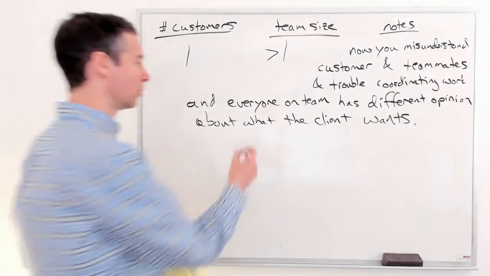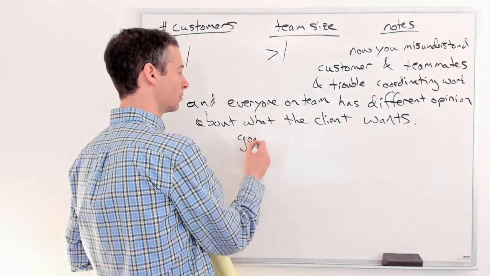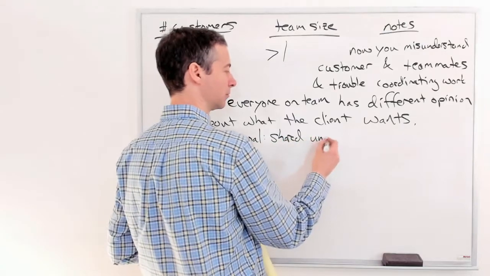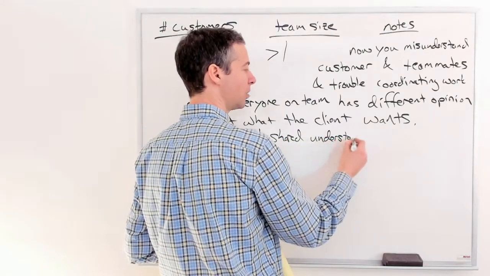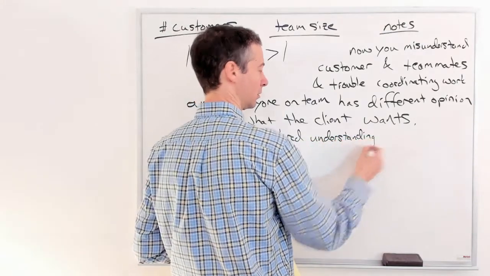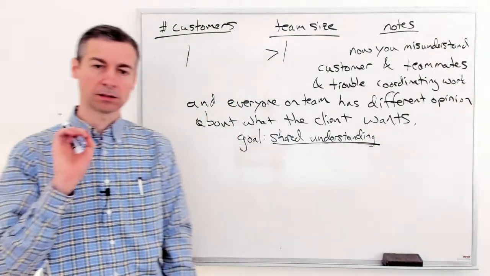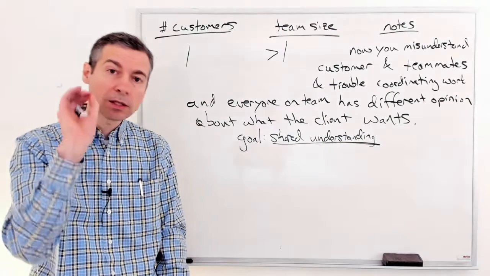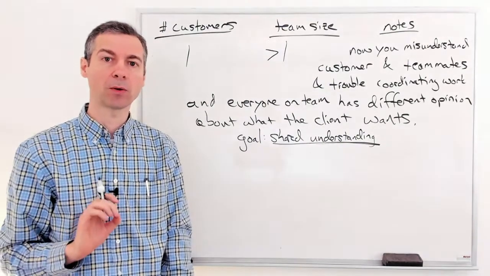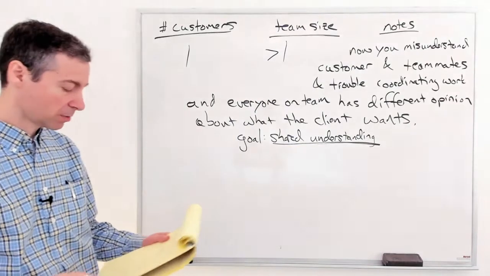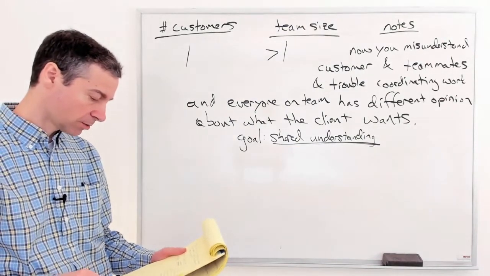We have a goal really, which is shared understanding. We need a way such that the client and the team all end up with the same understanding about what we are trying to do. So we have to do a lot of work to get there. It is a real big problem.